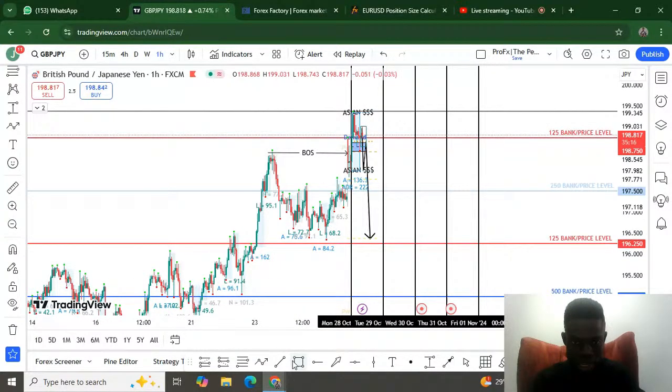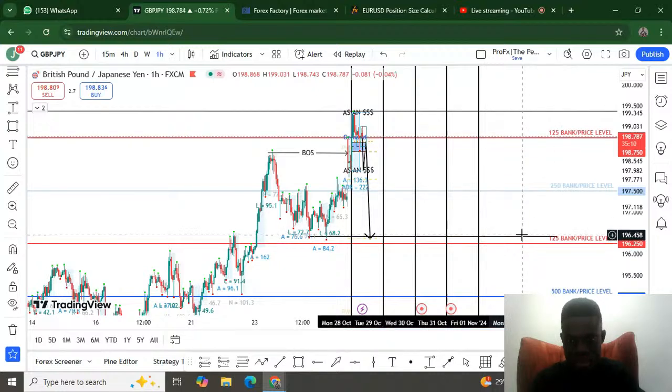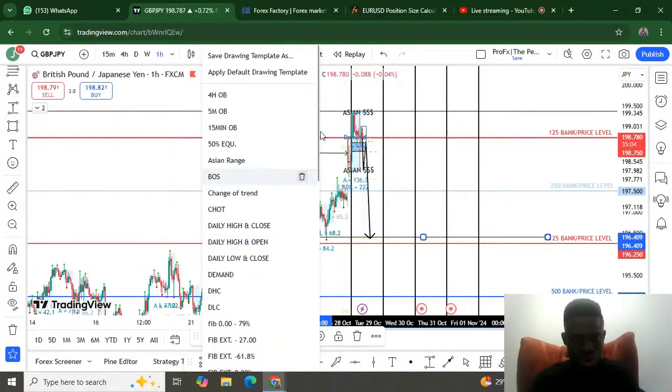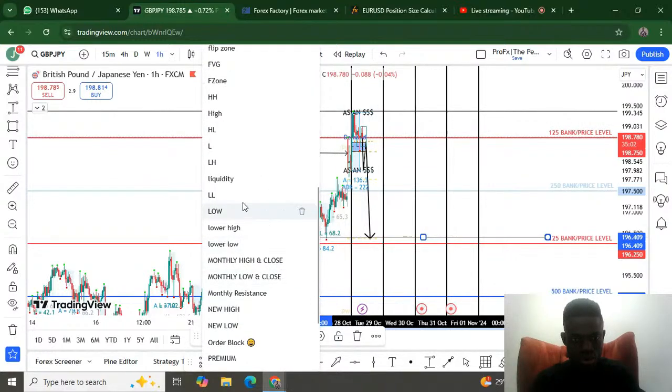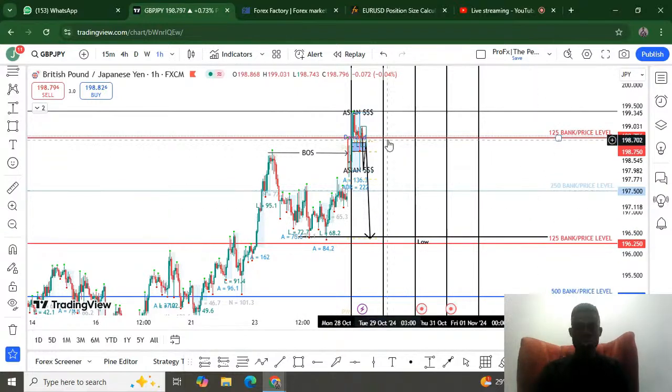So this is my extreme low, the extreme low that we expect price to come into and not take out if you still want to continue the buy. When it comes here, then we take it up again to the upside.